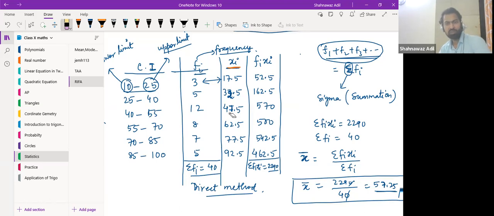The purpose was that these calculations were very complicated, the answers were very lengthy, a very hectic calculation. To simplify these calculations, we discovered these other two methods.